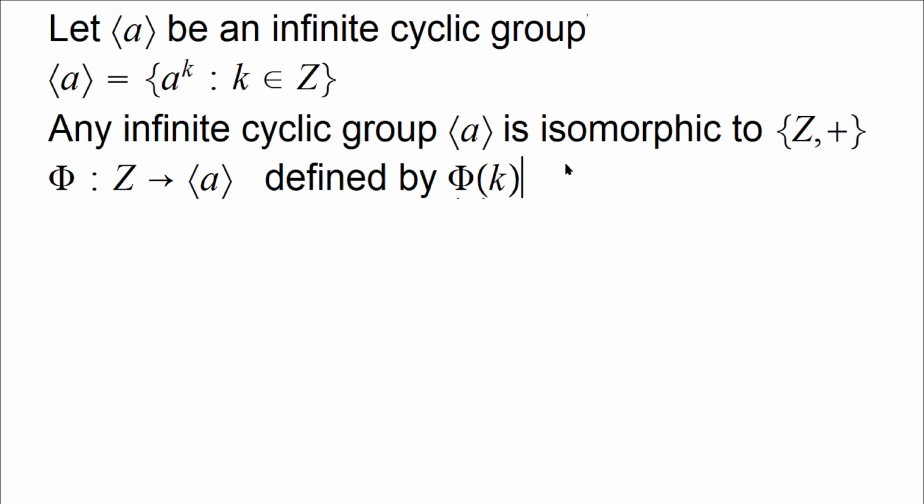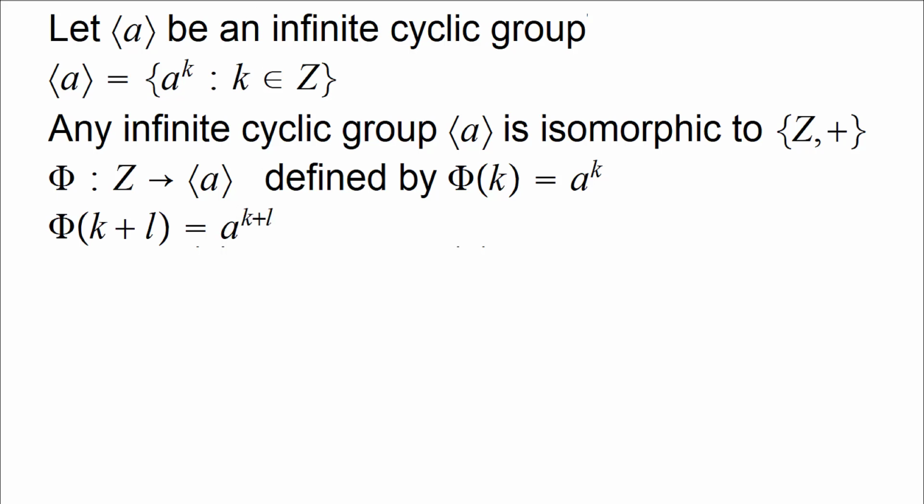All right, and remember, our cyclic group under consideration is infinite. So if I take a sum of two elements, say k plus l, with k and l from Z, then this will be a to the k plus l.